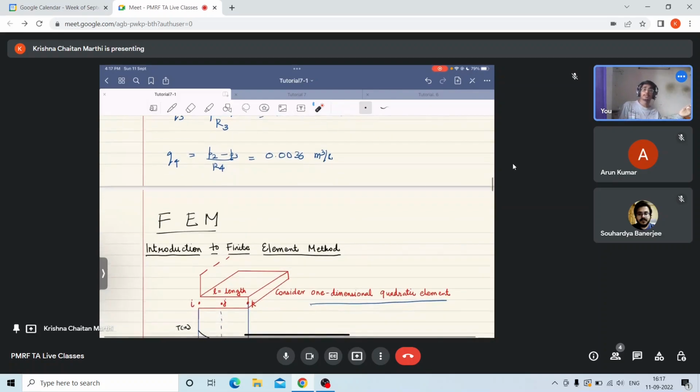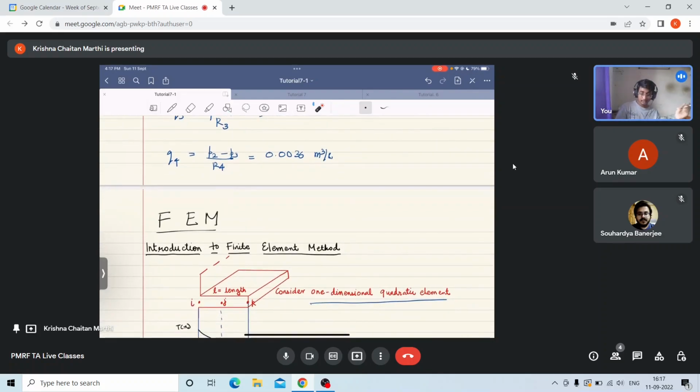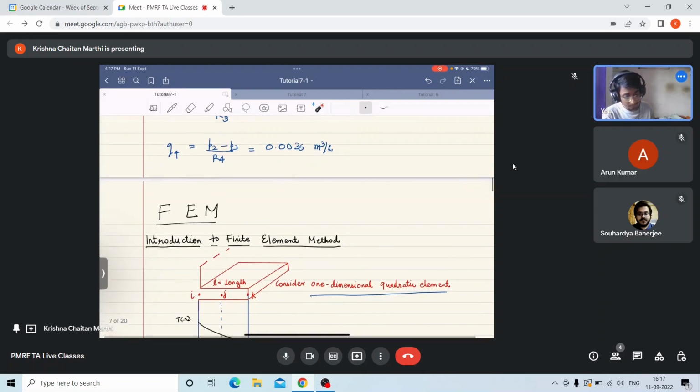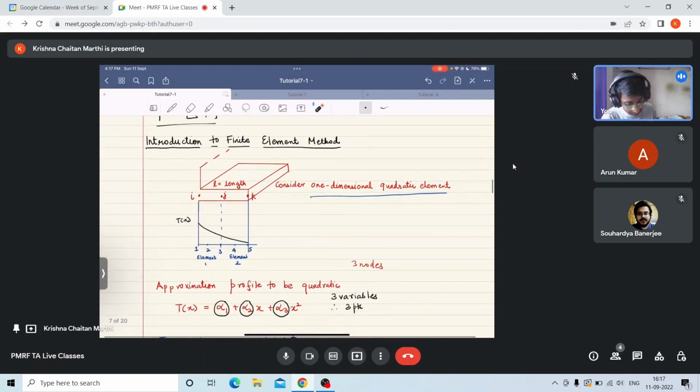Now let us have an introduction to the finite element method. Basically, in the finite element method, we have an element, and each element has some nodes. So we basically assume a certain profile for the element.